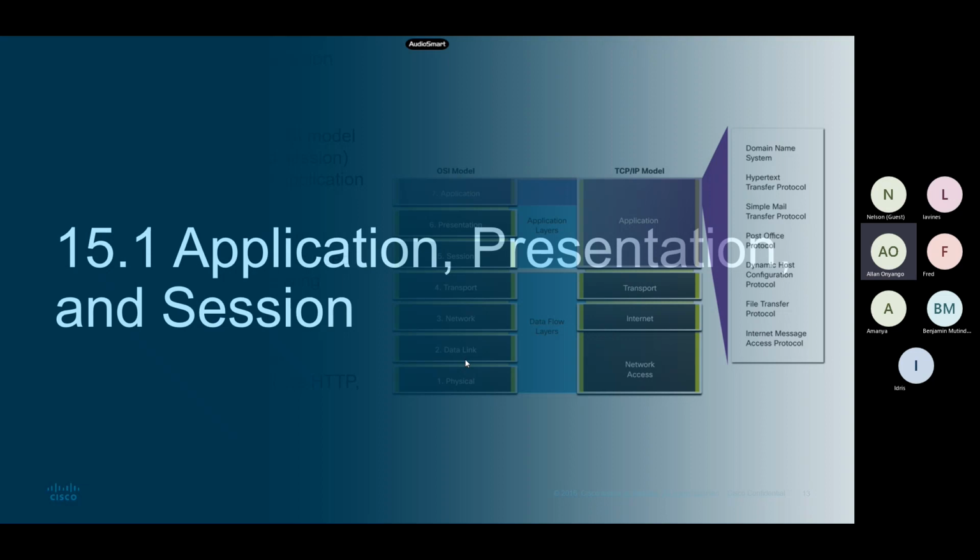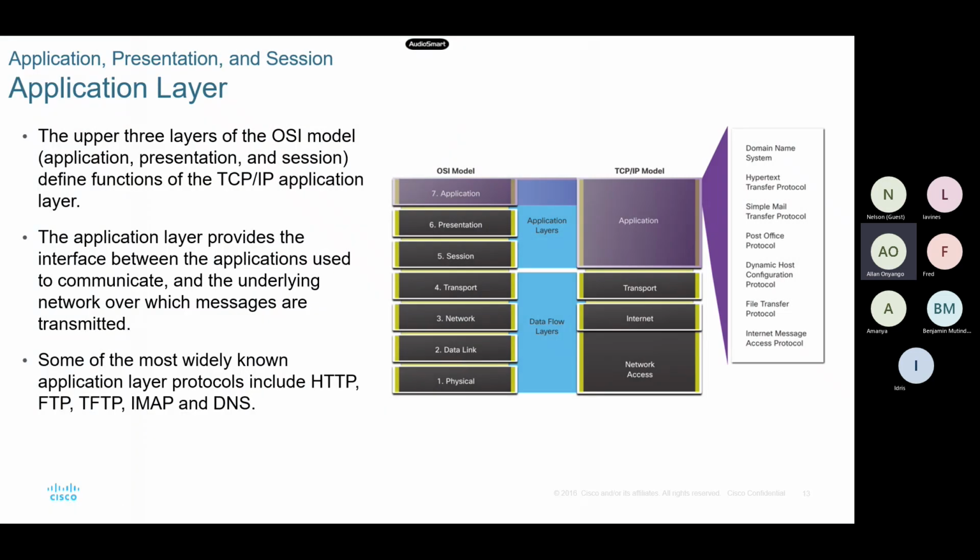So let's start by talking about the application layer. The application layer is made up of the first 3 layers of OSI: application, presentation, and session. They define the functions of the TCP/IP application layer. All the applications that we get to talk to are found here.